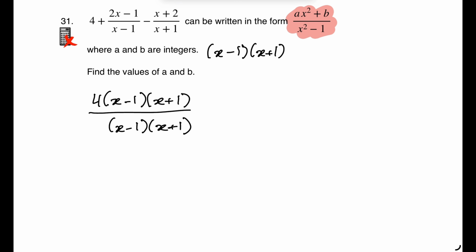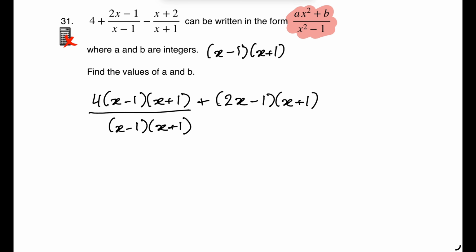Now, for the second fraction, this one, I need to multiply by x plus 1 only. So I'm going to have 2x minus 1 times x plus 1.